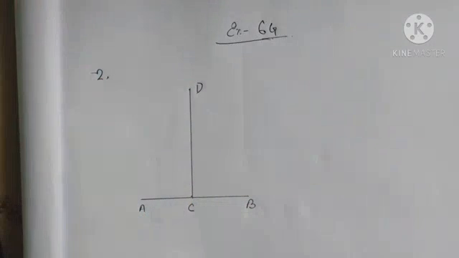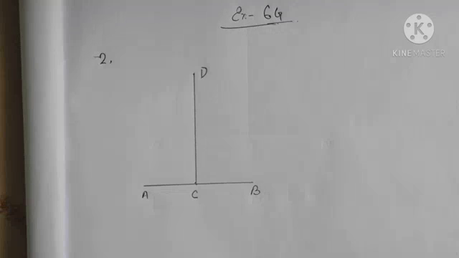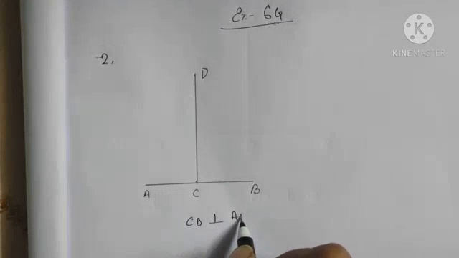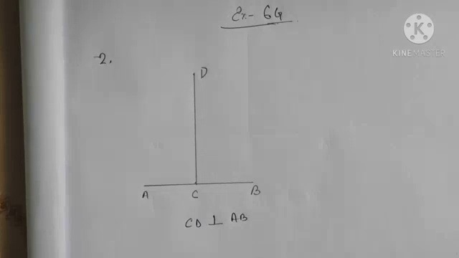And here CD is perpendicular to AB. And here we have constructed a line segment CD perpendicular to AB by using protractor.